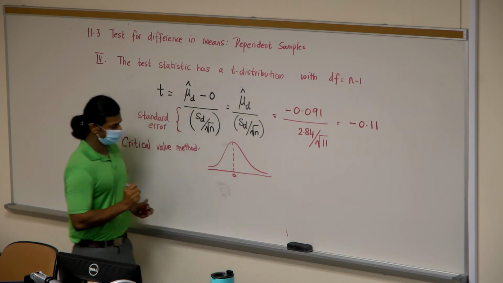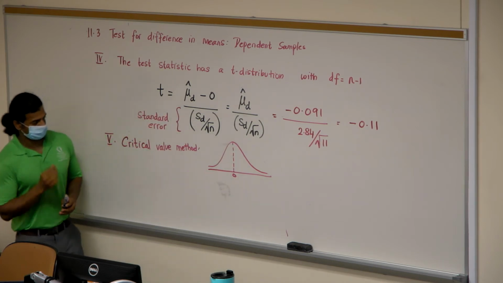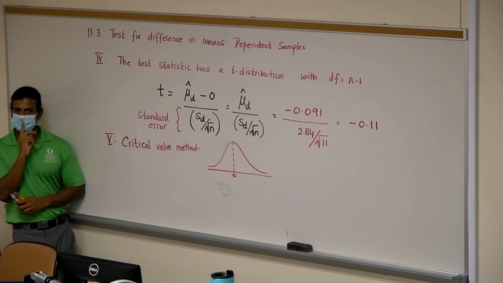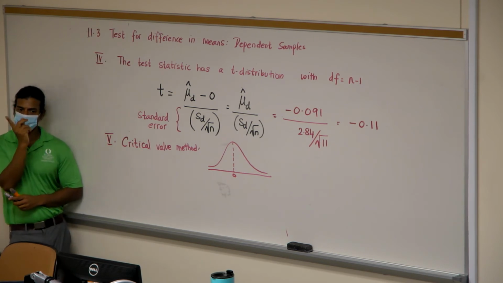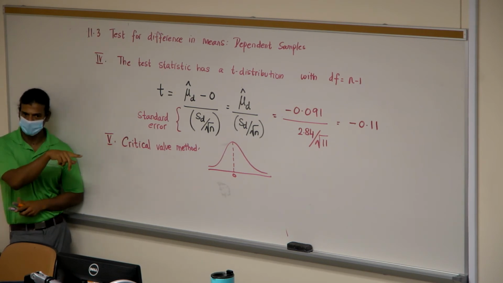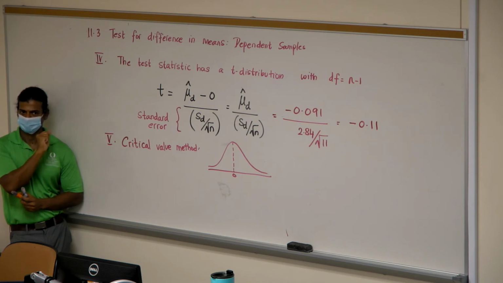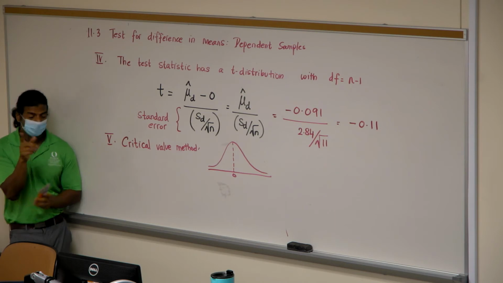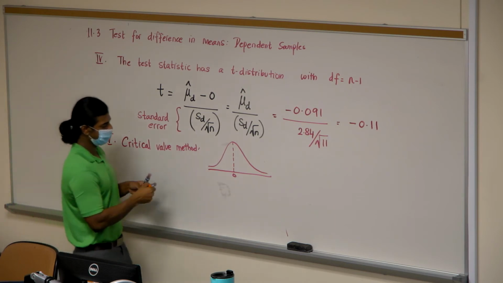Zero is right in the middle. So where should the rejection region be? Should it be on the left or the right? The left, because this is a left-hand test.